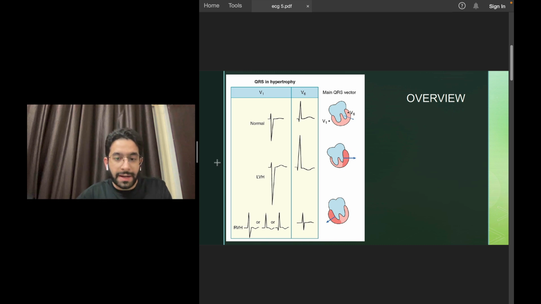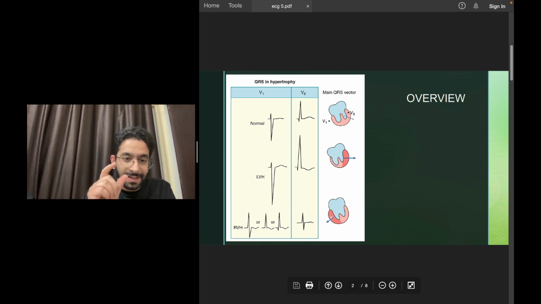Simple. Now look at the right ventricular hypertrophy situation. In situations like pulmonary hypertension, pulmonic stenosis, or some other situation responsible for right ventricular hypertrophy, it's now the right ventricle whose muscle is thick. So it's the electrical forces of the right ventricle which will dominate over those of the left ventricle. That is why the arrow in this picture, the mean QRS vector, is directed towards the right of the midline.